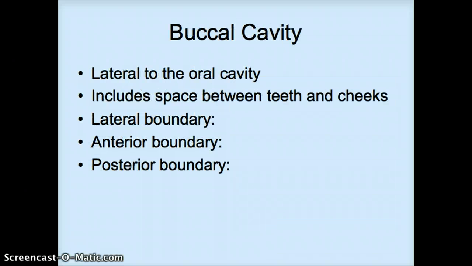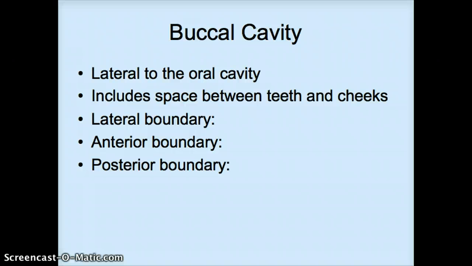Now, the buccal cavity, this is just the cavity that's lateral to the oral cavity. So on the sides of the oral cavity, and this includes the space between the teeth and the cheeks. So the lateral boundary are the cheeks.